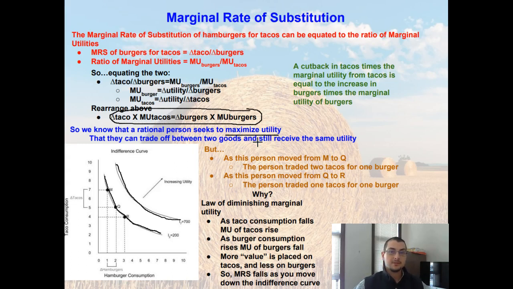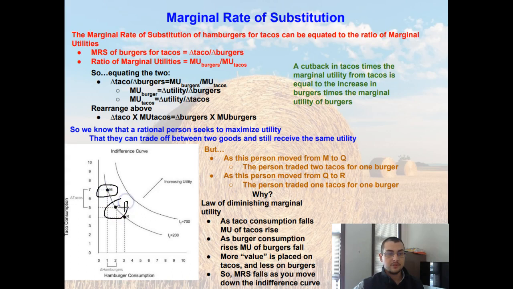But as a person moved from M to Q, the person traded 2 tacos for 1 burger. But as they moved from Q to R, they traded just 1 taco for 1 burger. Why all of a sudden is up here 2 tacos worth 1 burger, but down here that taco becomes more valuable, and it's 1 taco for 1 burger?